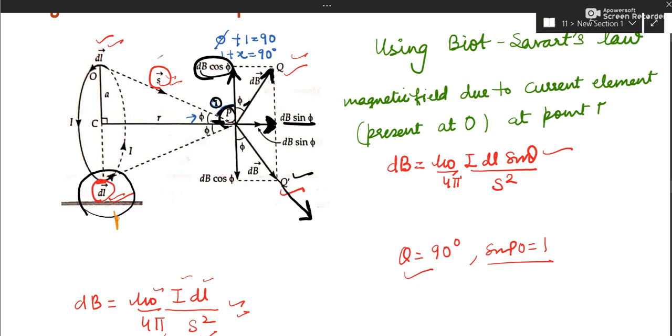Its magnetic field is given by this line, PQ dash. Now similarly this is phi, so you can write directly phi here. So its components will be dB dash cos phi and dB dash sin phi. The component without phi is the sin component, and the component with phi is the cos component.